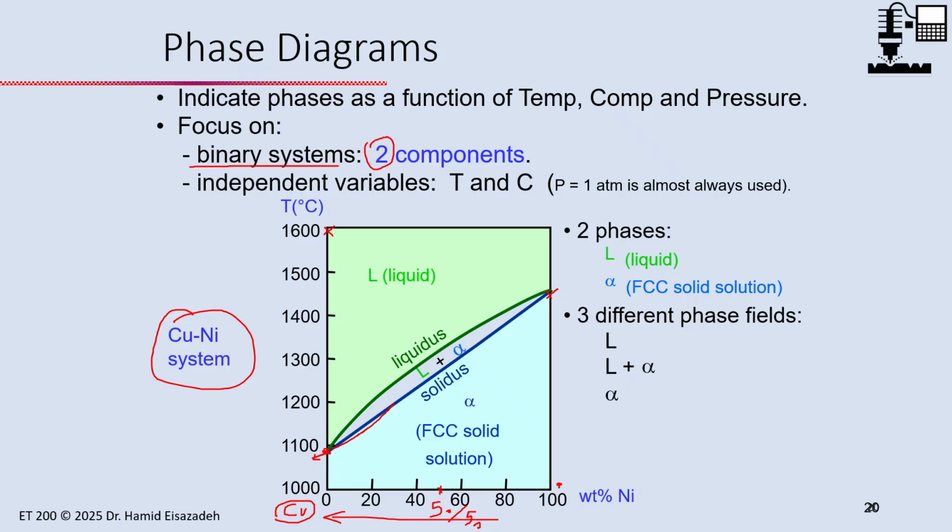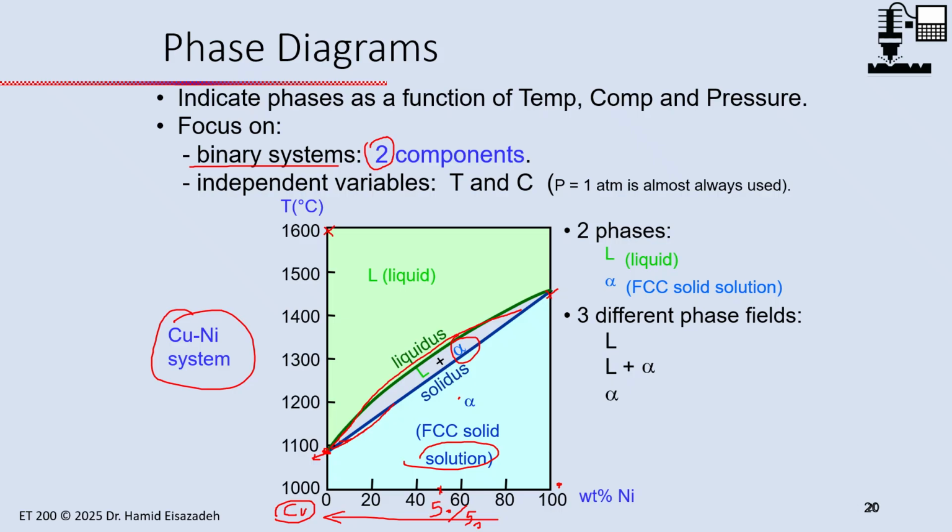This is the liquidus line, and beyond this line, the material is completely in a liquid state. Below it we have a solution of copper and nickel plus some excess material, a unique phase, which is alpha.